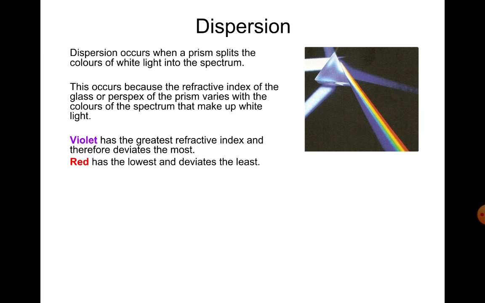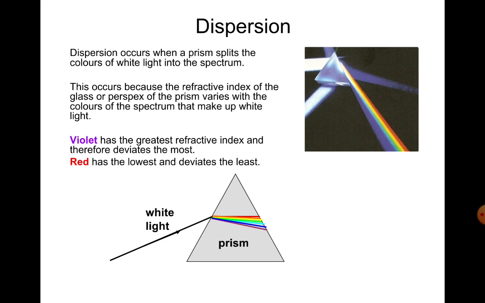Also need to know the order of the colors of the light. So white light going in is going to bend, and we get a nice spectrum of white light. So from this experiment we can also conclude that white light consists of all colors. Make a note of this and we continue.